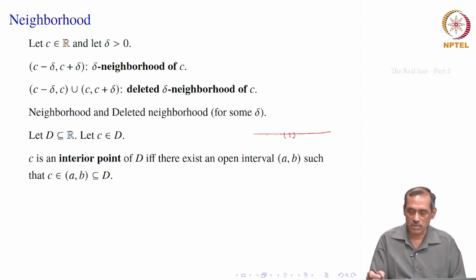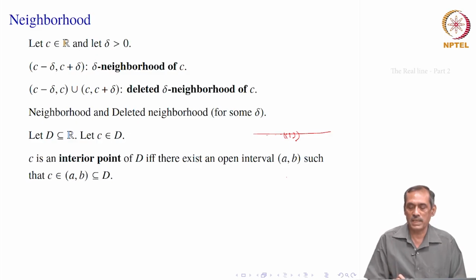It is something like, suppose all rationals are missing from D, then that will not satisfy this property. So, we call C an interior point of D if there is an open interval around C, a neighborhood, or even an open interval we may take something like this, that is also okay, because inside it again you can find another neighborhood, a smaller one maybe.